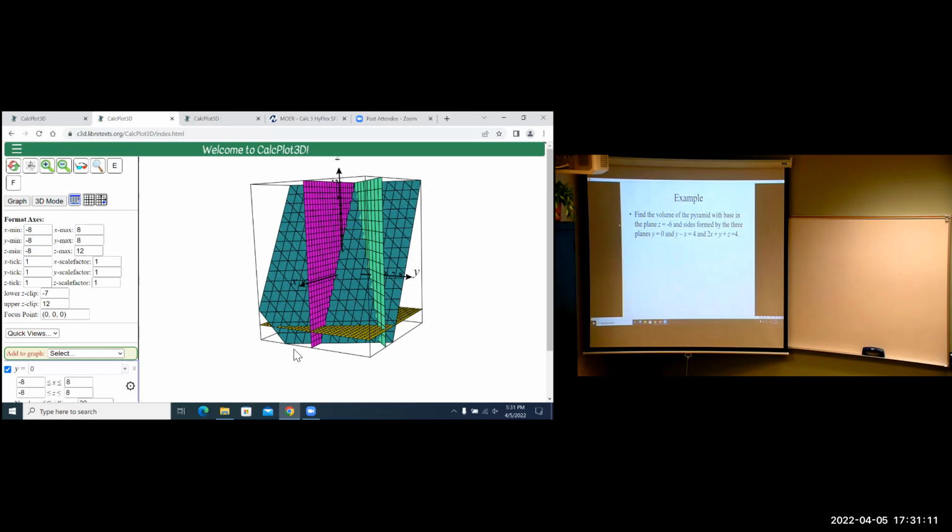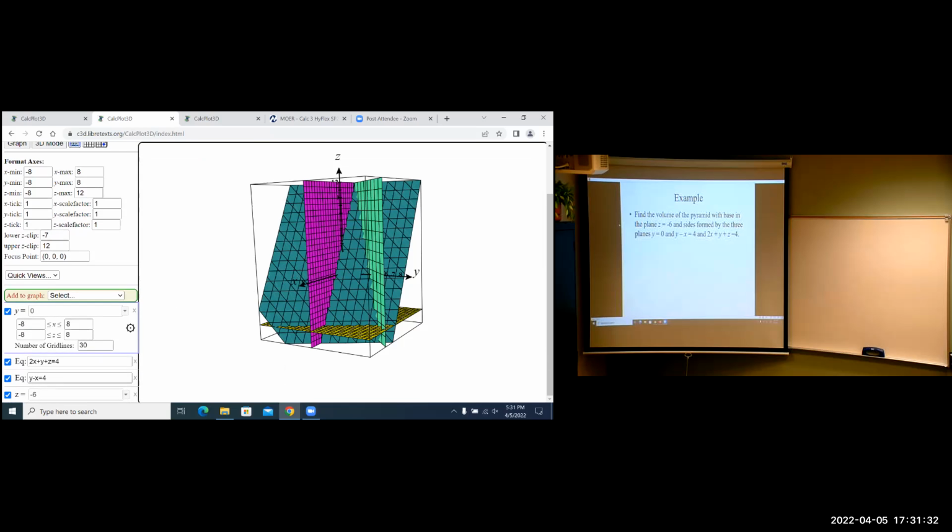Okay, so this one to me has some similarity to the last one in that when I first look at it, I kind of see a definite top and bottom in Z, because clearly this yellow plane is making a floor on Z, and that corresponds to the plane Z equals -6. And then I see this kind of greenish plane here.